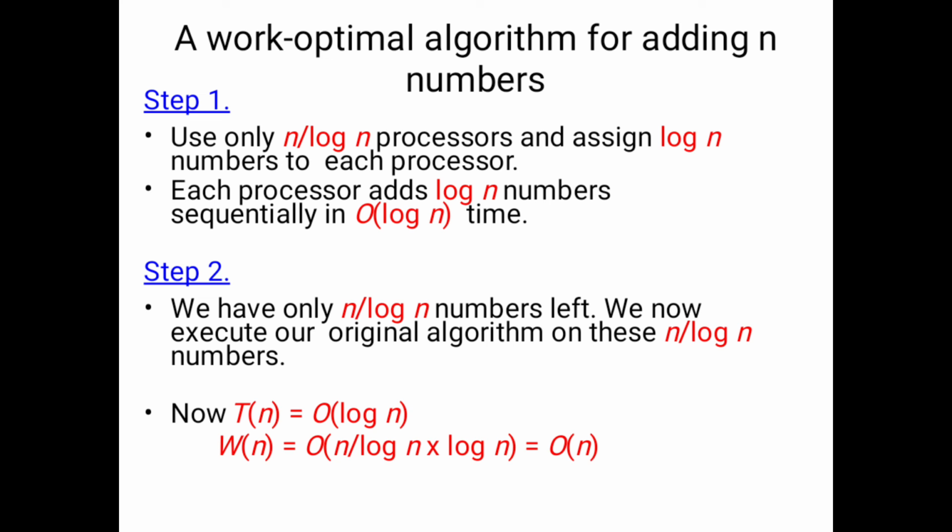In step 2, we have only n by log n numbers left. We now execute our original algorithm on these n by log n numbers. From this, time complexity T of n is equal to order of log n. Work complexity W of n is equal to order of n by log n into log n, that is nothing but order of n.